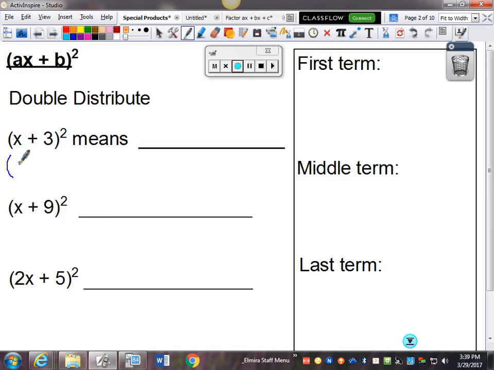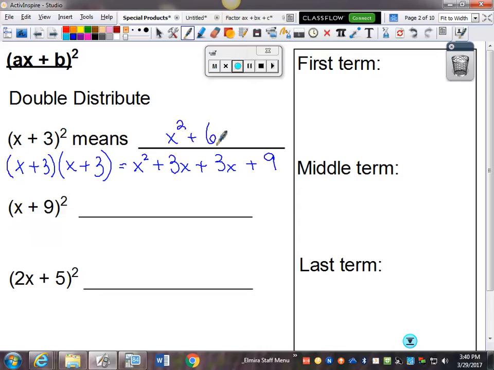What that really means is x plus 3 times x plus 3. And if I double distribute that, I get x squared plus 3x plus another 3x plus 9. If I simplify that, I get x squared plus 6x plus 9.